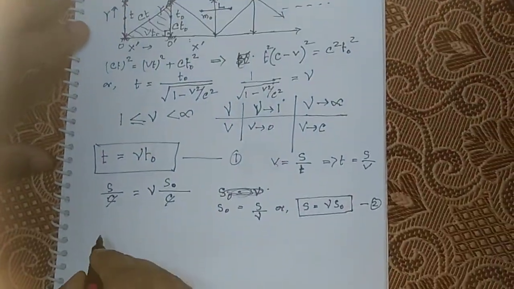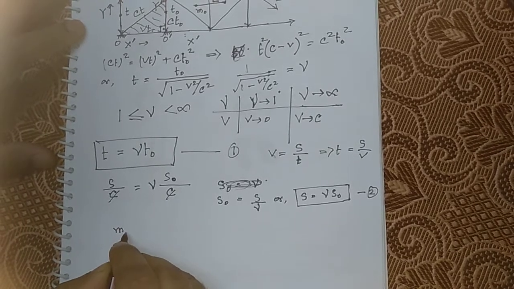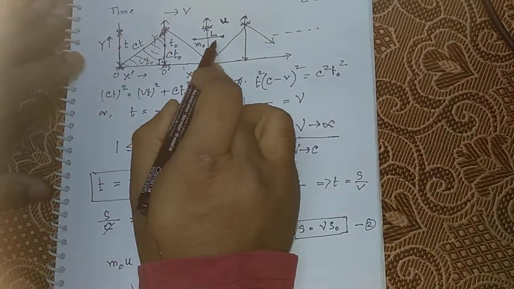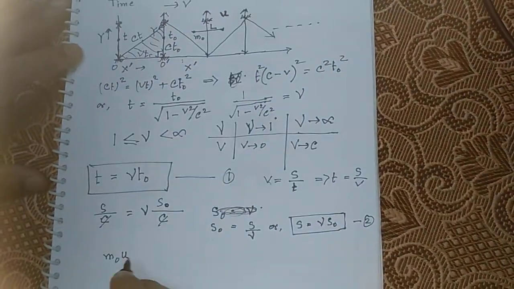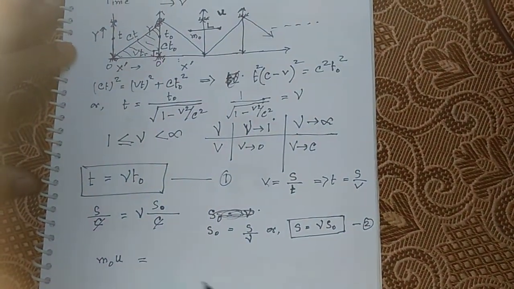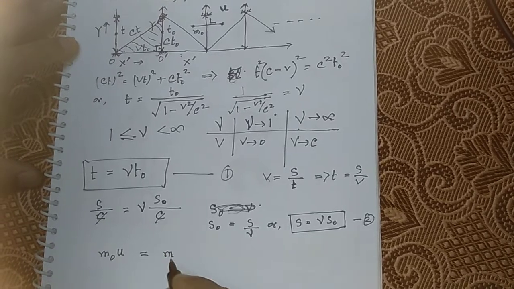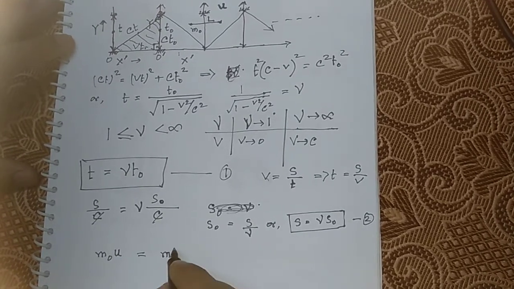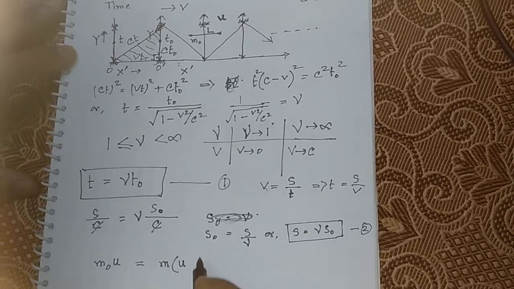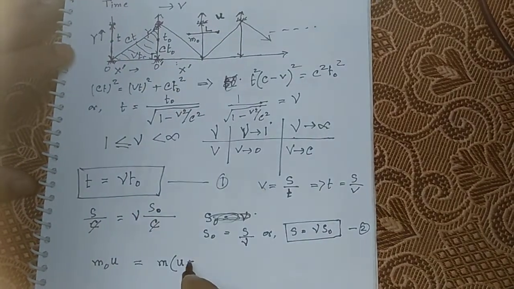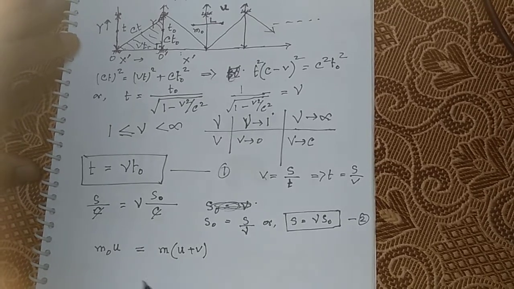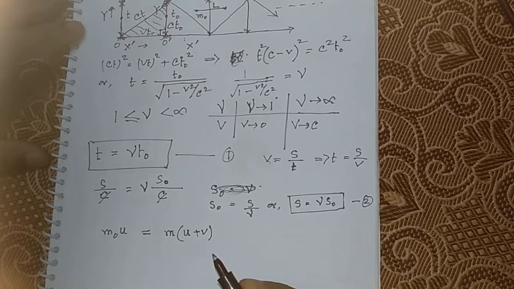Now m0 into u is the momentum of this particle. That is equal to m, the mass with respect to me, into u, and the frame itself is moving with a velocity v, so u plus v. Why have I written equal here? Because of the law of conservation of momentum.